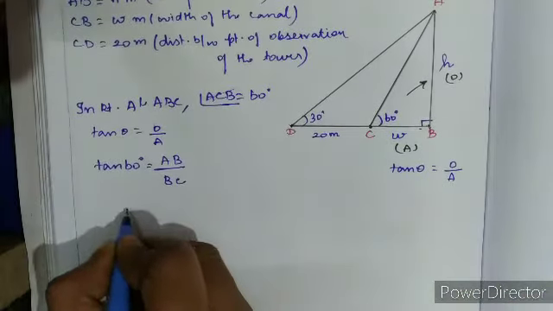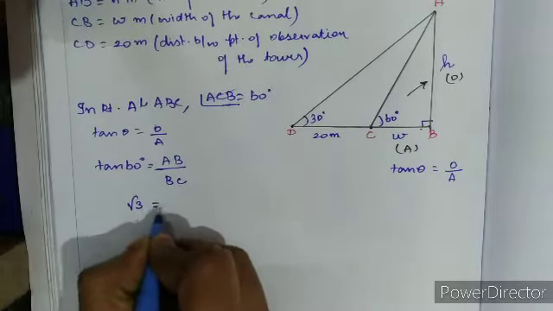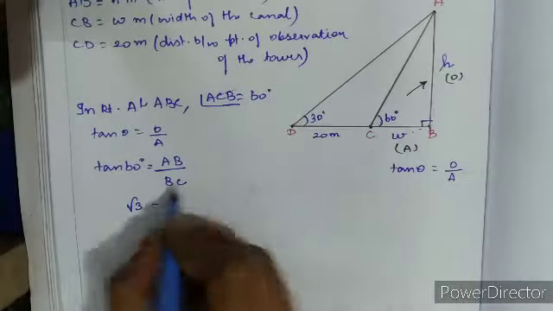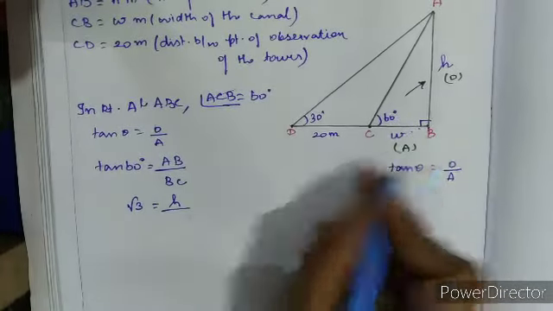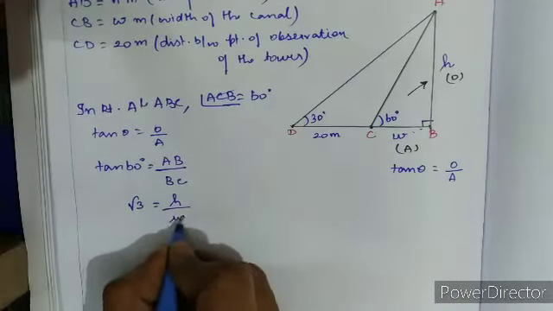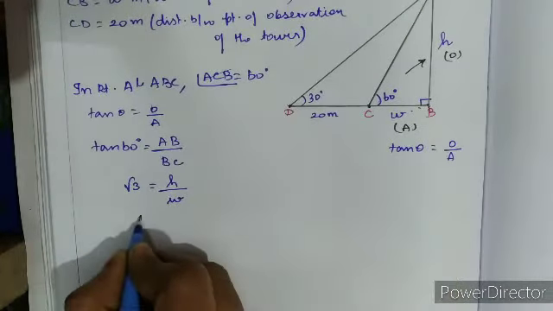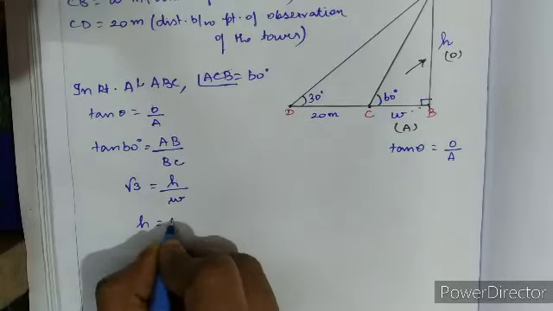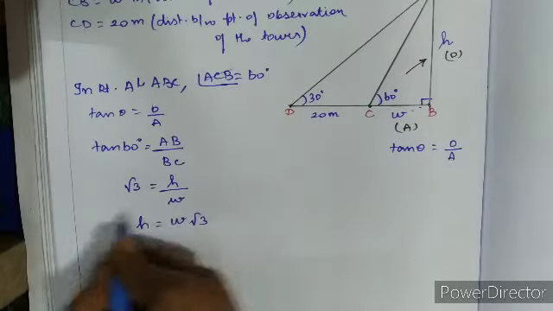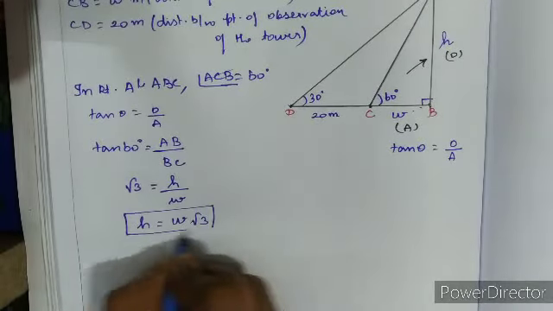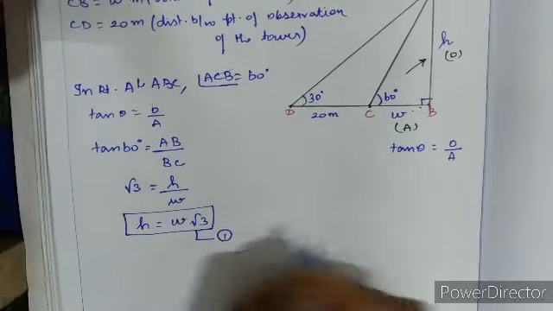So tan 60 value is root 3, which is equal to AB, which is H, by BC, which is W. So I can write this as H is equal to W root 3. I am just naming this as 1.